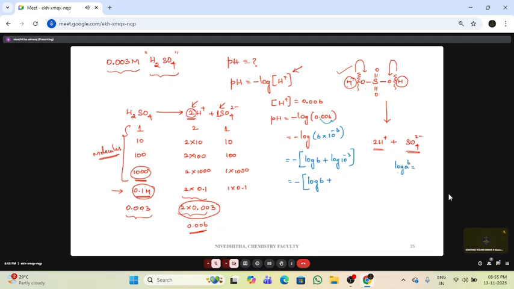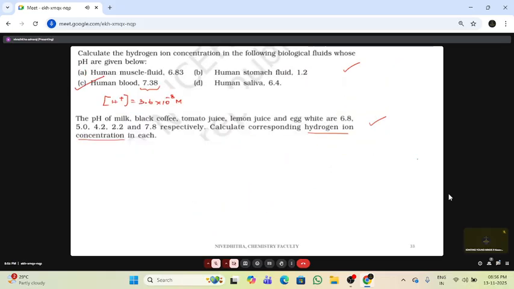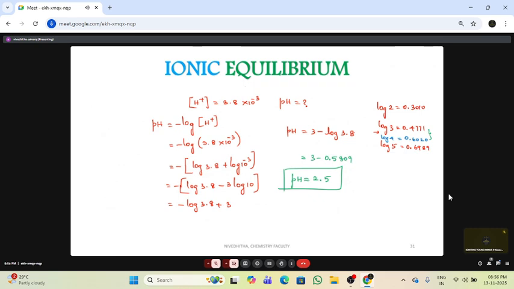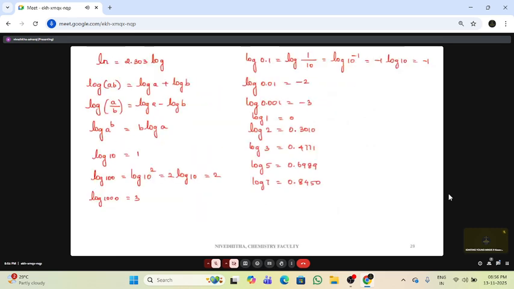What was the formula for log A power B? Log A plus log B is the formula if it is log A into B. But here it is log A power B. Yes, it is B log A. See, the formula is here.